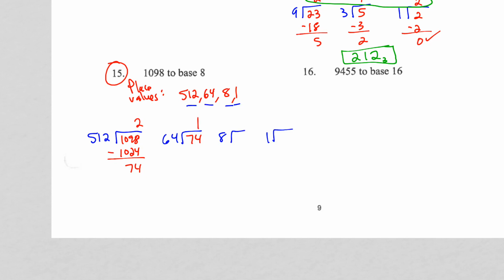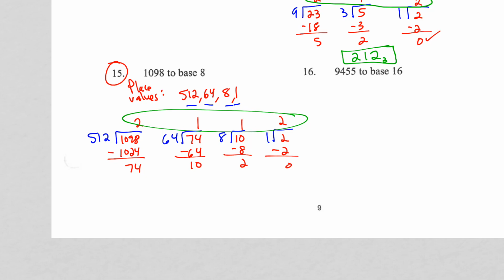I can only do one. Leaves me with 10. How many groups of 8 can I get with that 10? Only one. And 2 remainder. So basically the answer is right there. 2, 1, 1, 2, base 8.